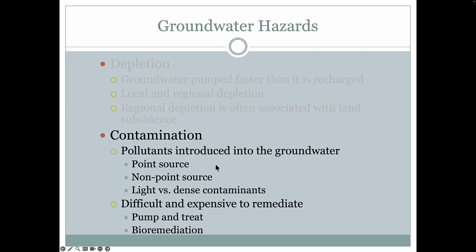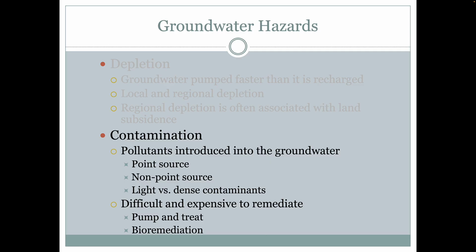And one other thing besides this idea of point source and non-point source, sometimes we have lighter or denser contaminants. Sometimes contaminants are lighter than water or denser than water, and that can often influence how we treat the contamination of the groundwater. But in general, groundwater contamination is difficult and expensive to remediate or to get rid of.